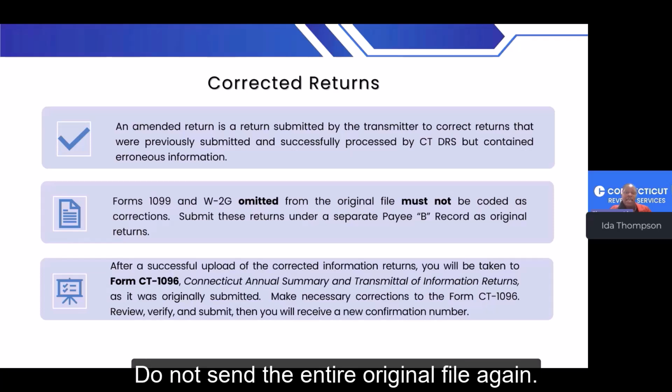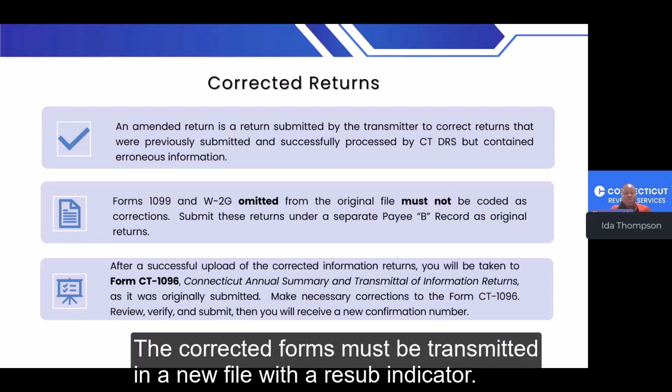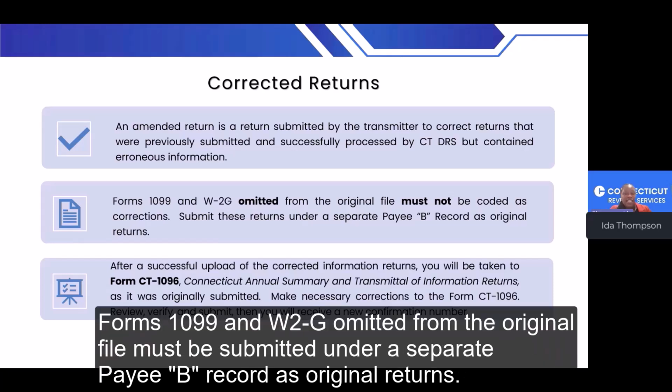Do not send the entire original file again. The corrected forms must be transmitted in a new file with a resub indicator. Forms 1099 and W-2 omitted from the original file must be submitted under a separate payee record as original return.